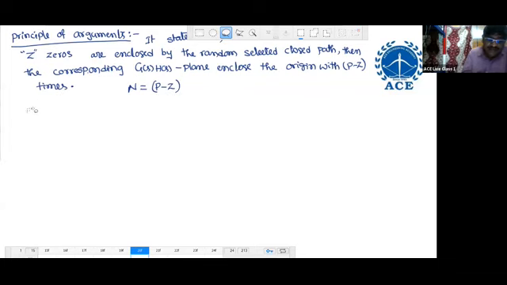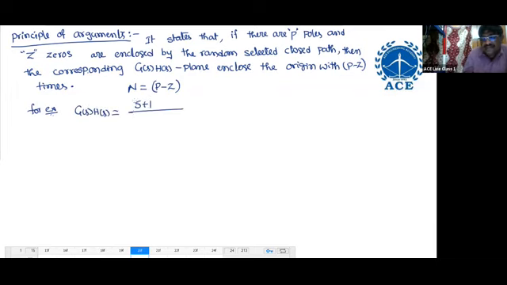For example, listen all of you. G(s)H(s) equals, take some term, (s+1)/((s+2)(s+3)).